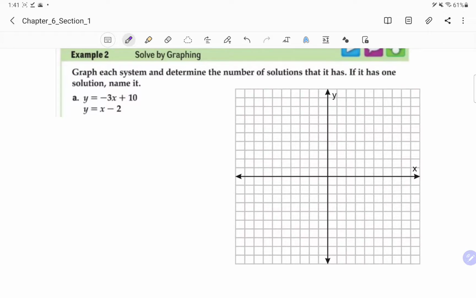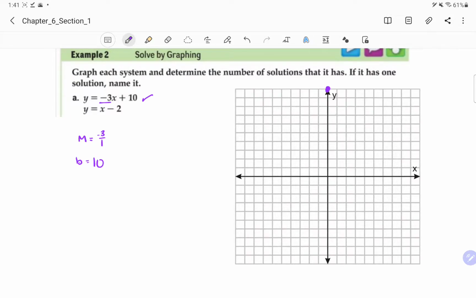Okay, so I'm going to graph this one in purple, and that one's slope is here, so -3/1, and the y-intercept there is 10. So I'm going to go up 10, which is my very top point, and then my slope is -3/1.